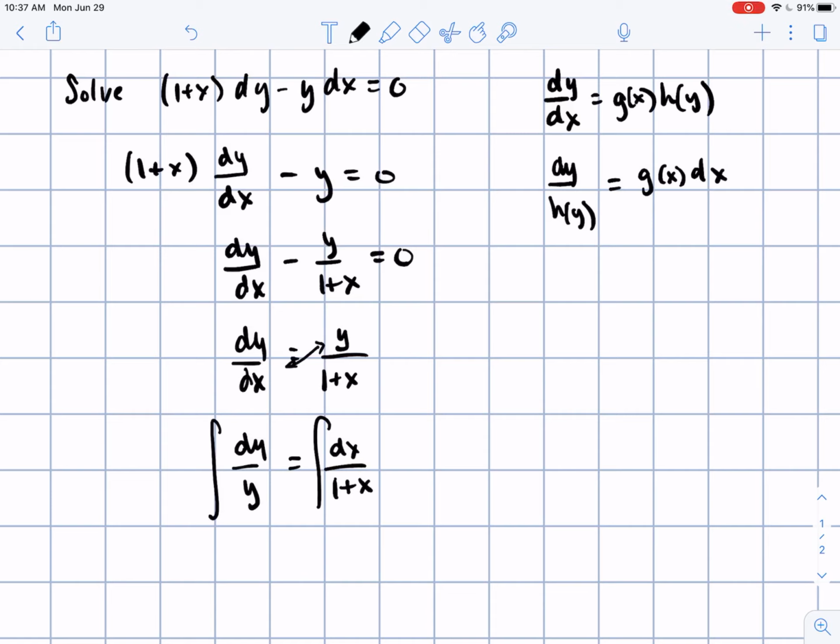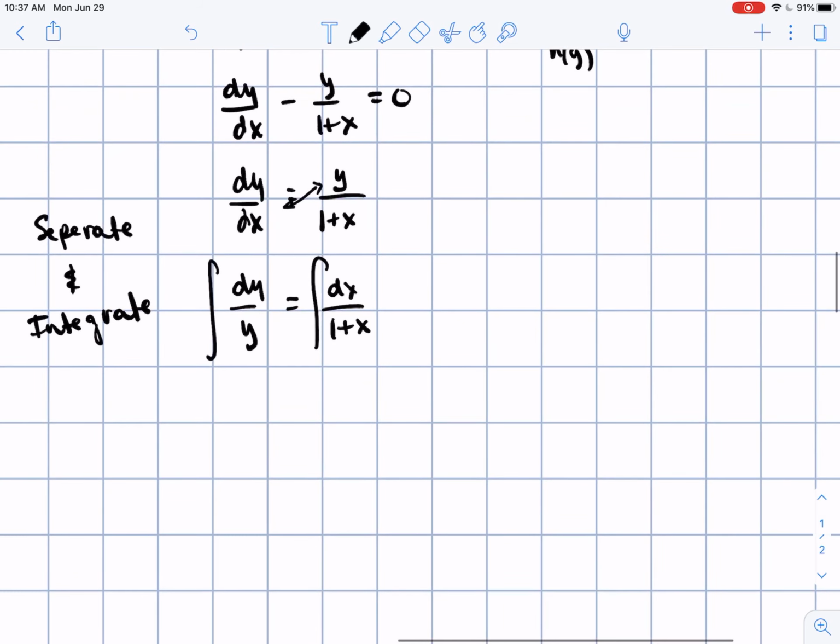Okay, so once you separate, now let's integrate. If we integrate here, remember 1 over y is going to be ln absolute value of y. And here you have another function with ln, so it's ln absolute value of 1 plus x, and then plus c.